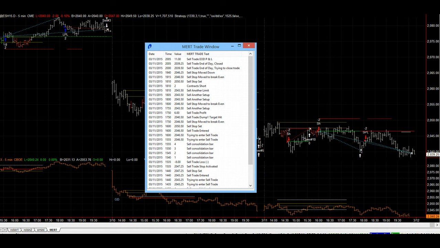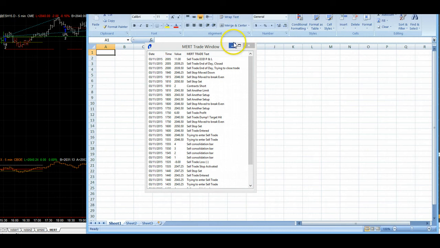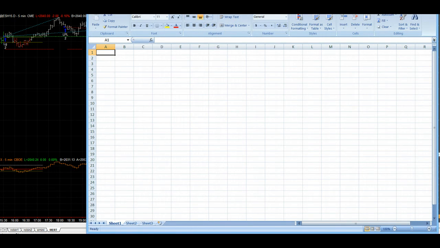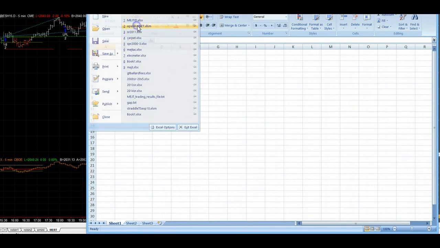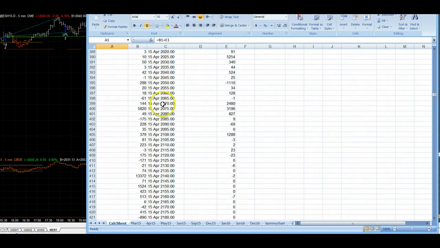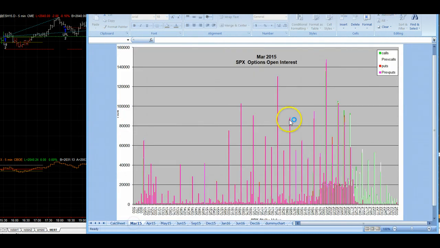Just to show you the SPX, which I haven't shown you for a few days. We've got in March, they are adding calls above and puts below, and the median point seems to be around here, which is 2050, 2075.